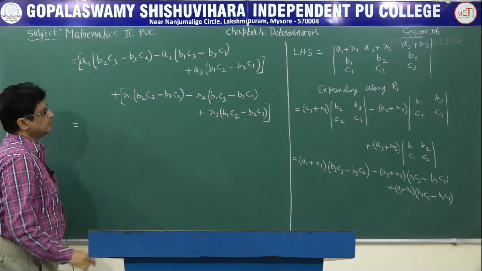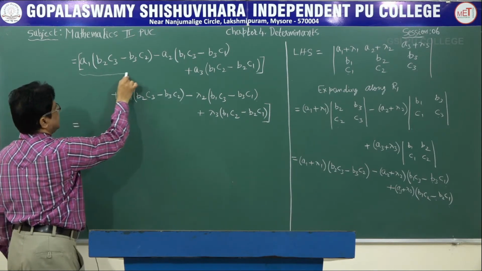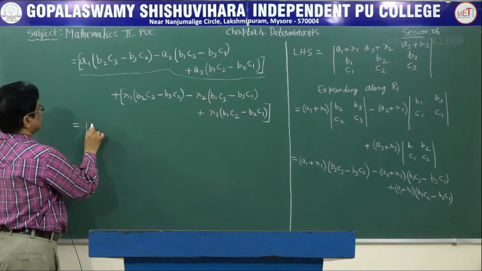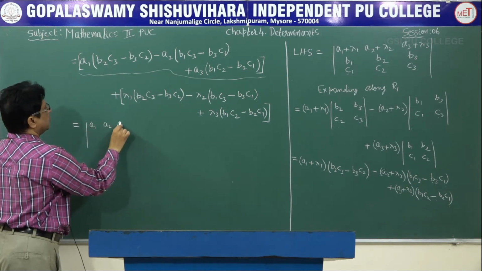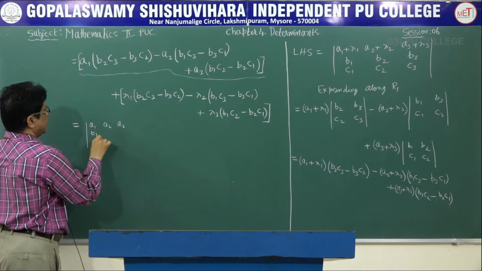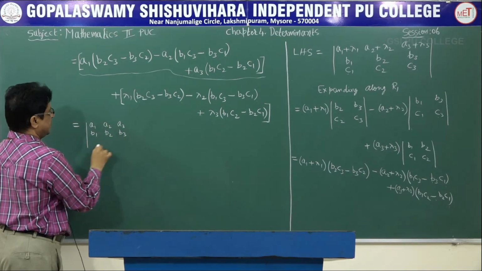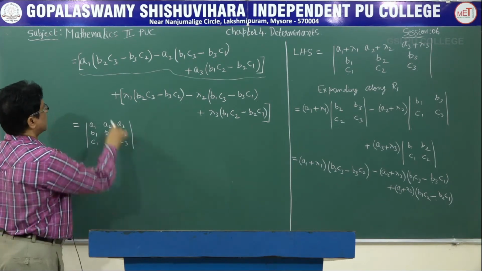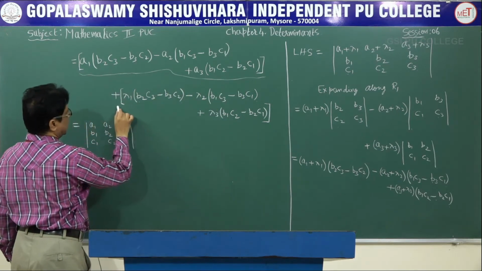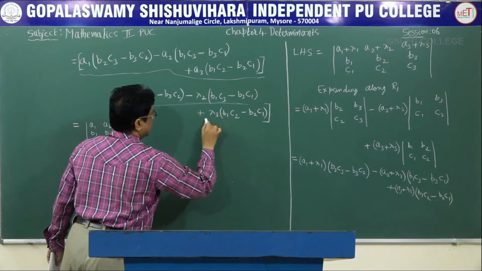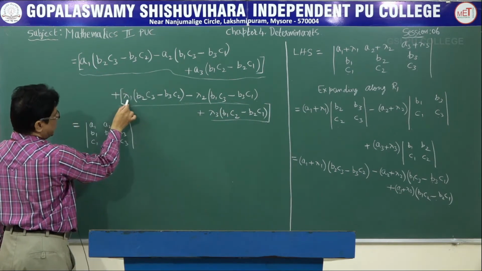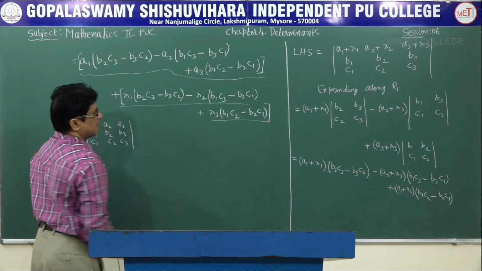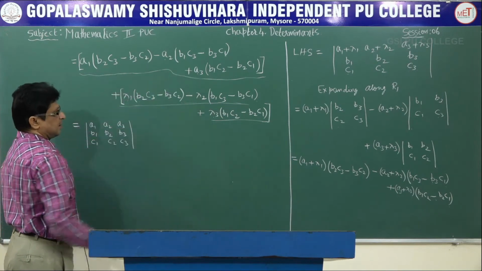That will be equal to, so these terms are the expansion of the determinant a1, a2, a3, b1, b2, b3, c1, c2, c3. If you observe these set of terms and the next set of terms, here a1 has been replaced by lambda 1, a2 has been replaced by lambda 2 and a3 has been replaced by lambda 3 and the rest of the factors are same.